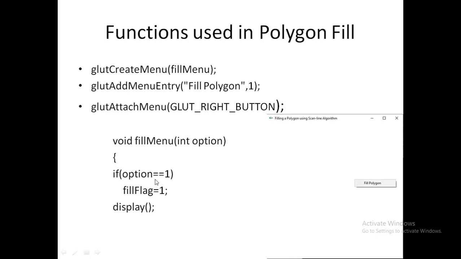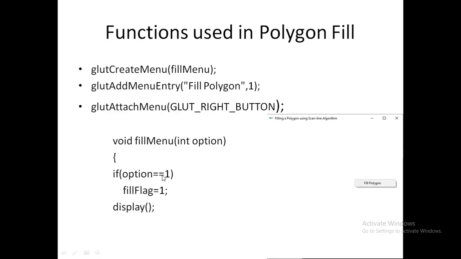Based on the option we have to write the code, and to receive the option from the user, this code is used: void fill menu, int option. These are the options. You have given only 1, but you may have 1, 2, 3. Depending on the value, that option value will be passed to this argument.